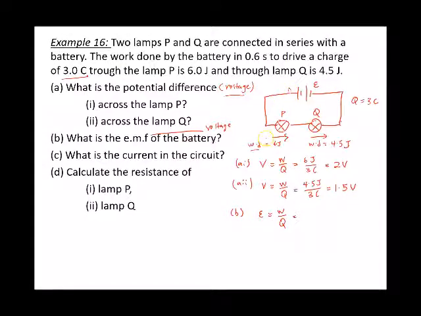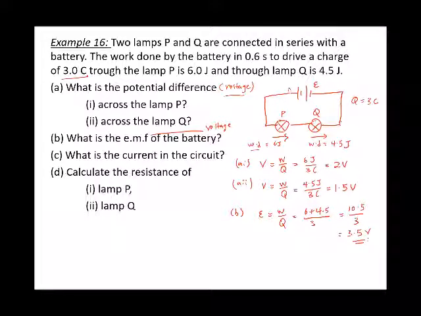So if the charge requires 6 joules to go through P, and then 4.5 joules to go through Q, what is the total work done for this charge when it is pushed around the whole circuit? The total work done will be 6 plus 4.5, divided by the charge, which is 3 coulomb. So you get 10.5 over 3, which gives you a value of 3.5 volts.